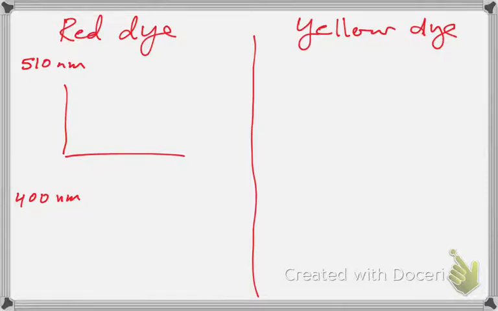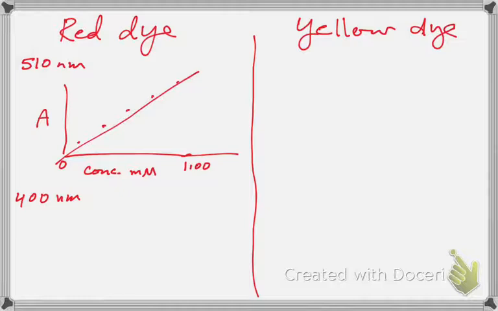If we plot the absorbance versus the concentration in millimolar, starting from 0 all the way to 1, we will have a certain curve going almost this way. We can ask Excel to give the best trend line and show the equation.